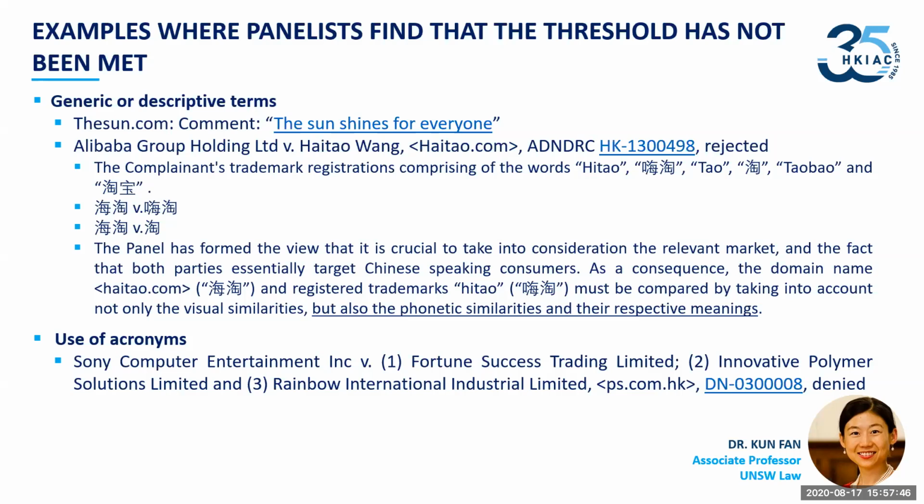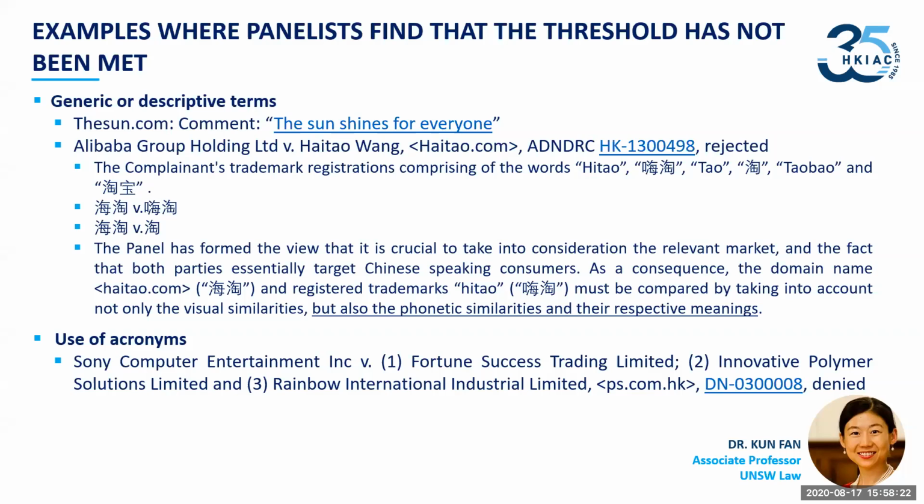So one of the interesting cases that I was involved, also as a presiding panelist, is the haitao.com. There was a lot of discussions also among ourselves as to the first element, but we were able to reach a consensus and decided that confusing similarity test is not met in this case. One of the crucial elements we also consider is the need to take into consideration of the relevant market and the fact that both parties essentially target the Chinese-speaking consumers.